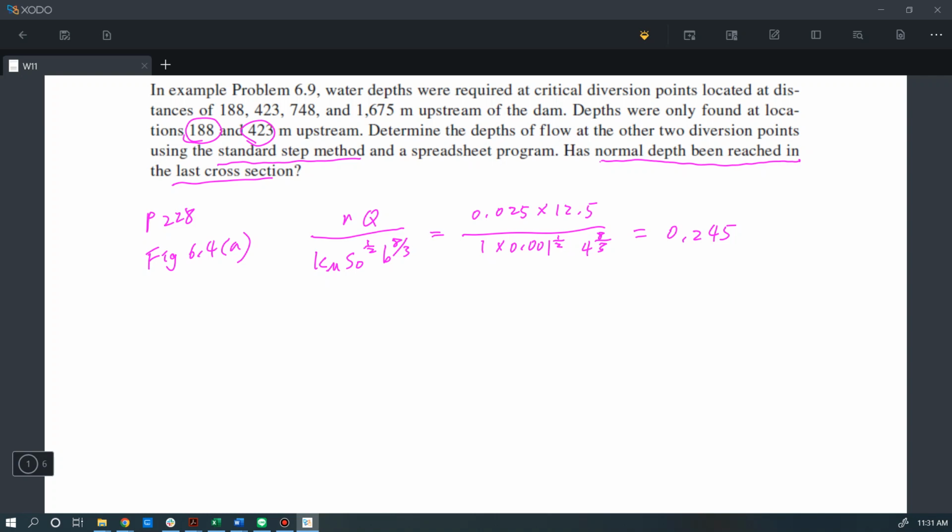Next, we can go back to figure 6.4 and using the m value equal to 1, we can get this yn over b term equal to 0.415. That means the normal depth that we want to solve is 0.415 times b.